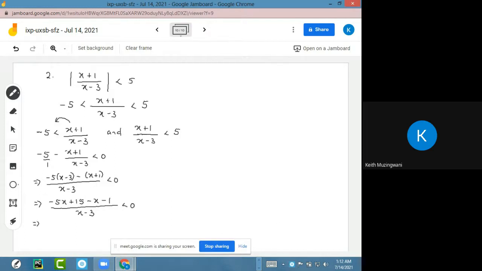Simplifying this, we'll get -6x plus 14 over x minus 3 less than 0.